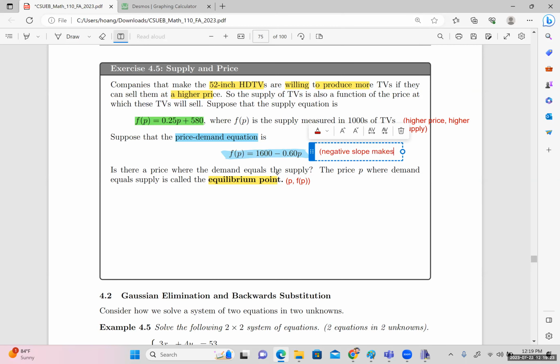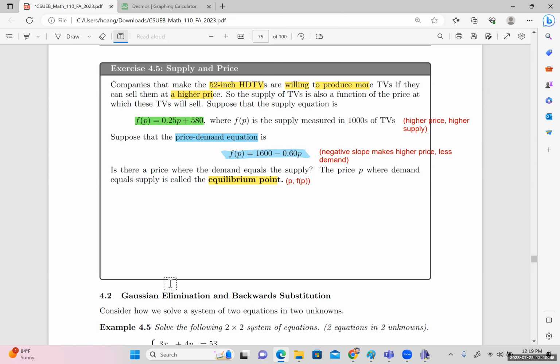Higher price, less demand, or lower demand.